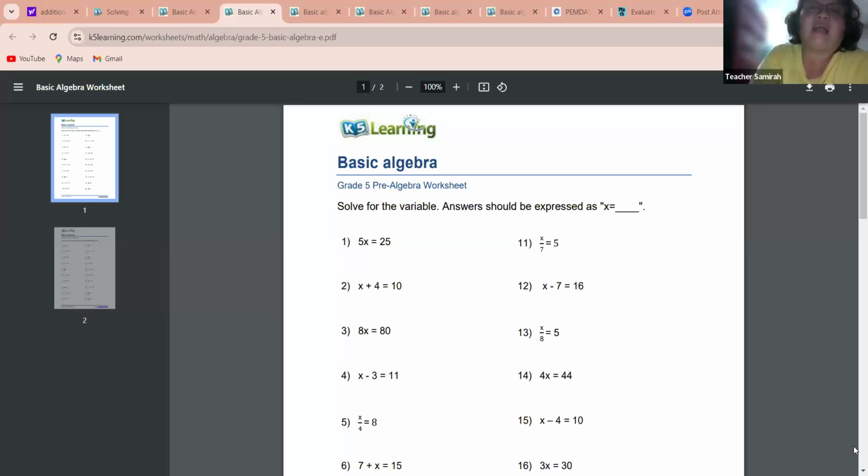Unfortunately, nowadays, students, even in higher grades, tend to forget how to solve because their focus is not on the quiz or the lessons, but rather on their social media.